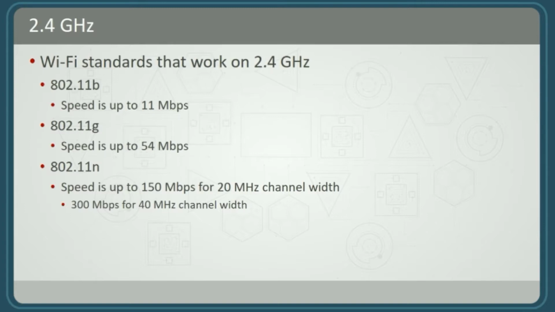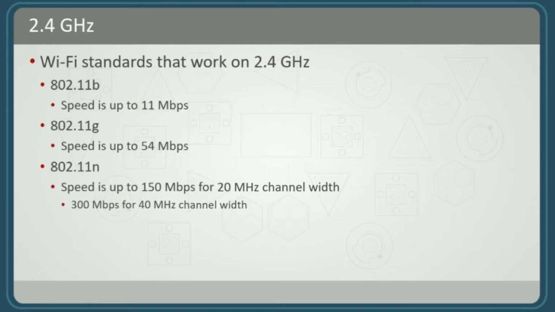Now, we'll talk about that in greater detail later on as well, the channel width, but you can see just by the math here that when you double the size of the channel, you double the overall throughput. So this is why you see varying megabits per second values from B to G to N.